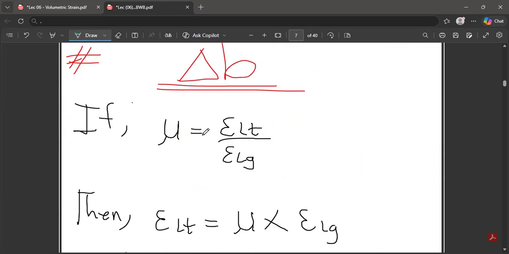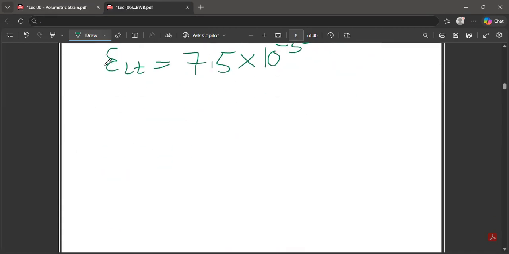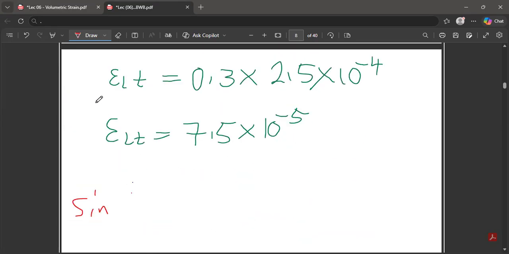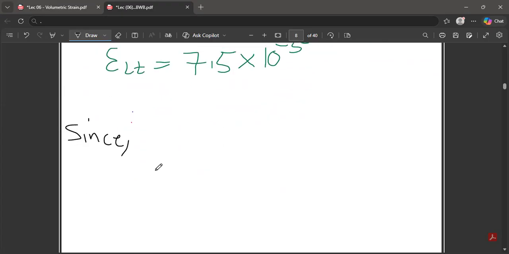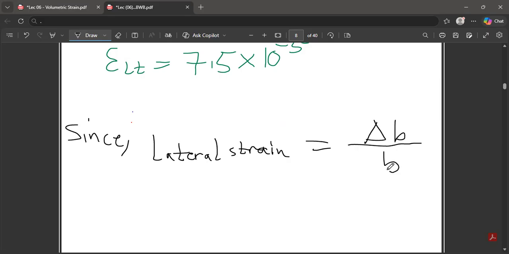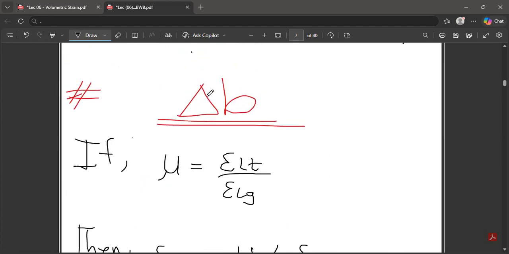Now that we know the lateral strain, we can continue to say that, since our lateral strain is equal to the change in breadth over the original breadth, then because we are having breadth over, that's why I'm using this formula.